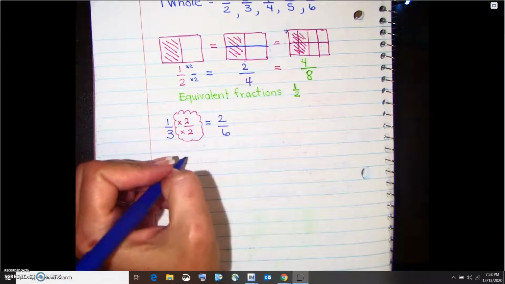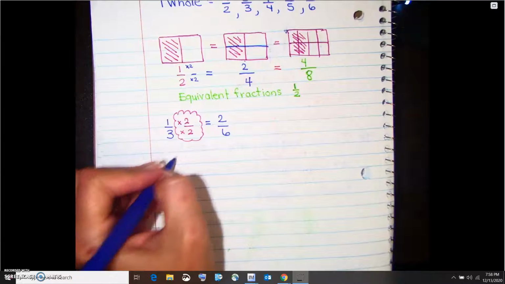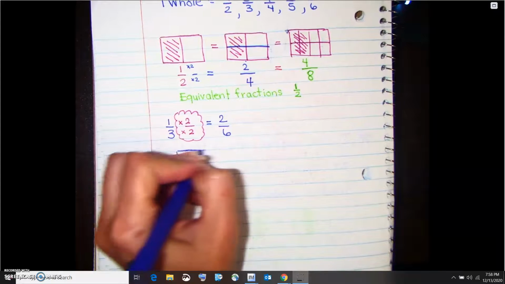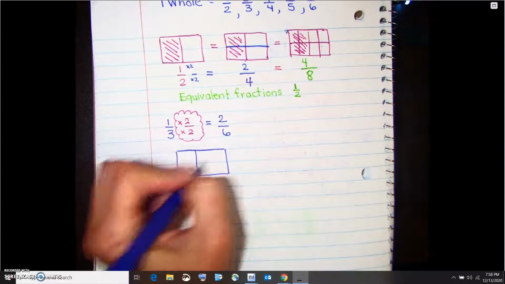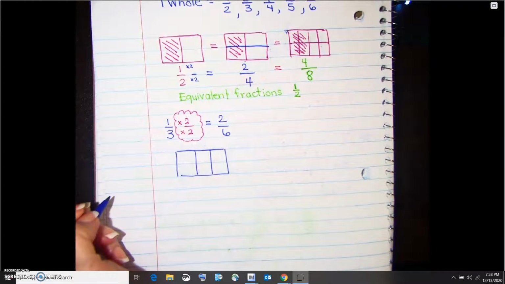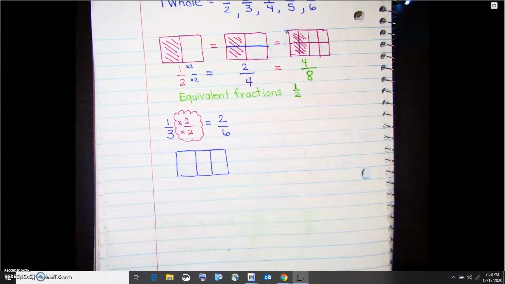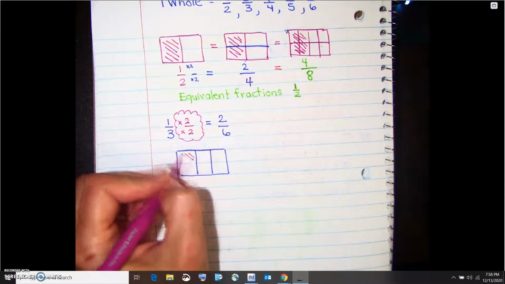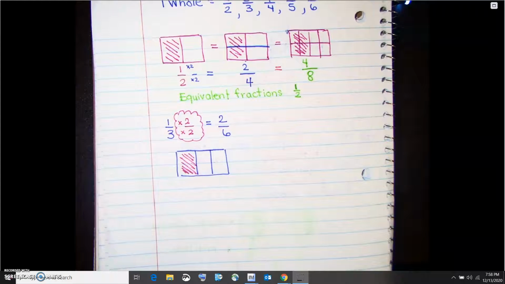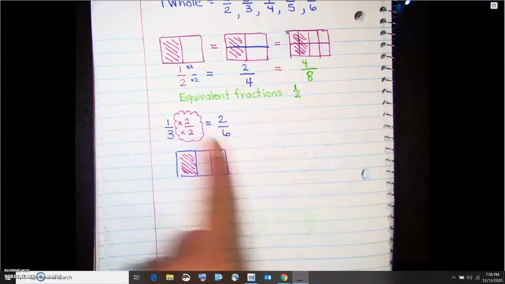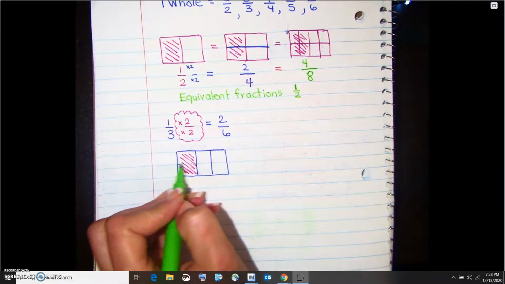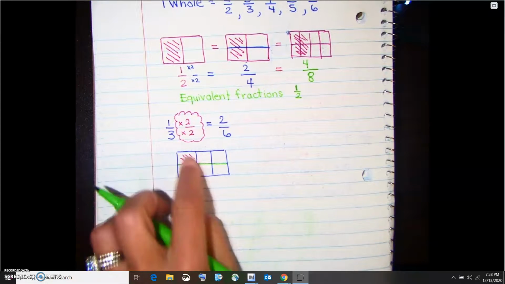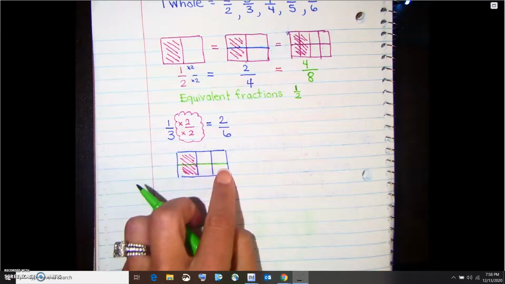And so I'm going to just do my picture here to prove it. I'm going to have my same rectangle, and I'm going to have my thirds. Okay? So there's 1/3. I'm saying it's the same as 2/6, so I'm going to make 6 parts. 1, 2, 3, 4, 5, 6.